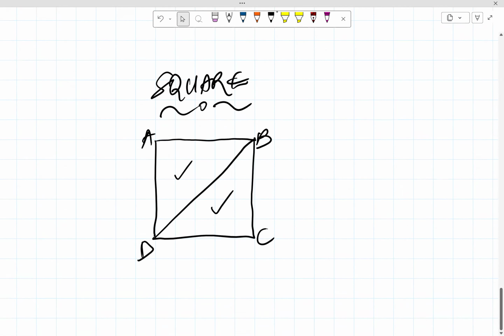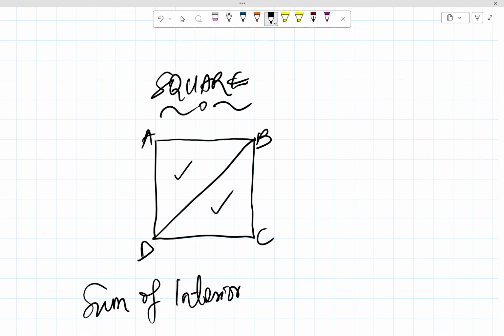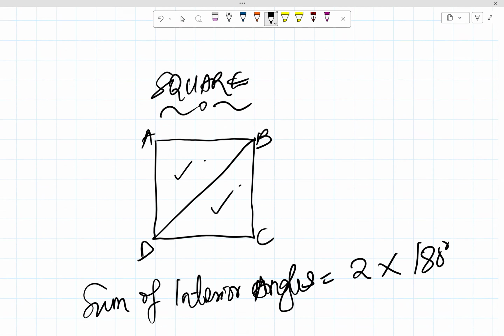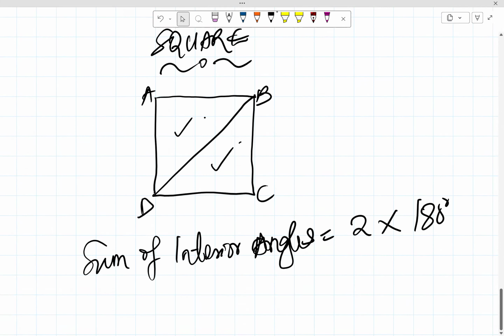So you see now that the sum of interior angles is equal to 2 times 180 degrees, because we have 180 here, 180 here. These are two triangles, and of course the number of sides here is equal to 4.